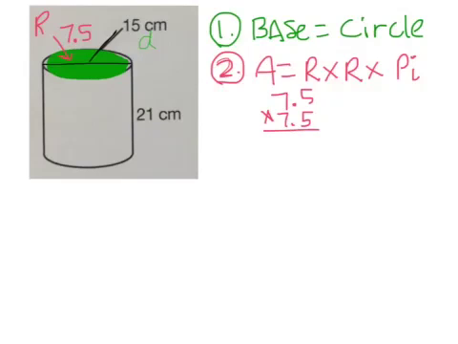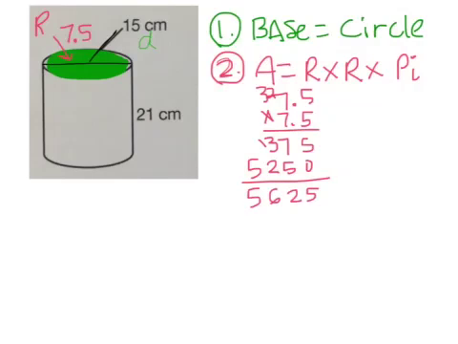When I work this out, I got 5625. But I need to look back up in my question because I have 2 digits behind the decimal, a 5 and a 5.